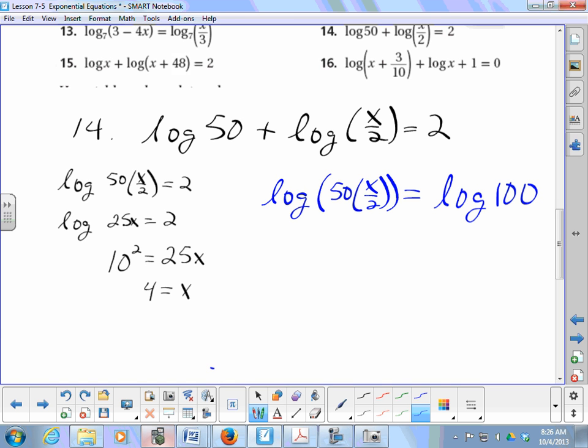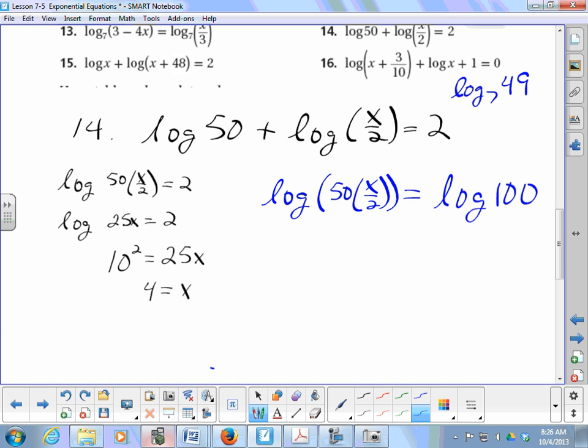I changed 2 to log of 100. Is that okay? Are they equal? If my base was 7, I could say that 2 equals log base 7 of 49, right? Because that equals 2 also.